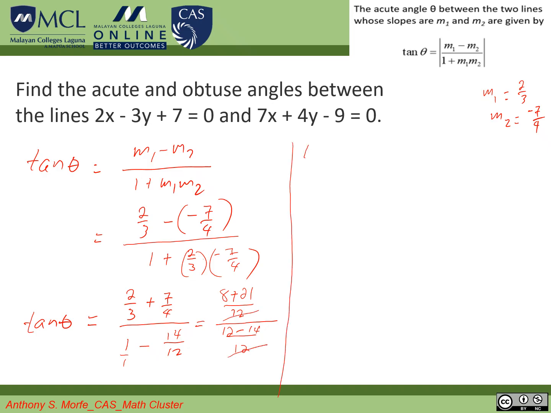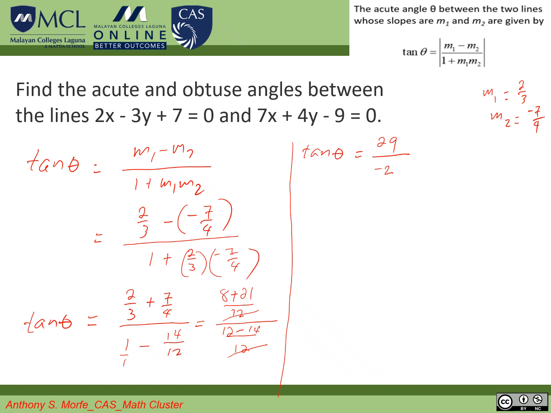So tangent theta is equal to 8 plus 21 is 29 over minus 2. But this is absolute value, class.